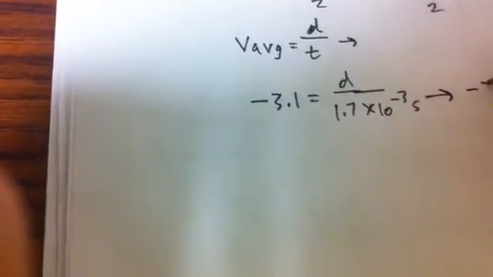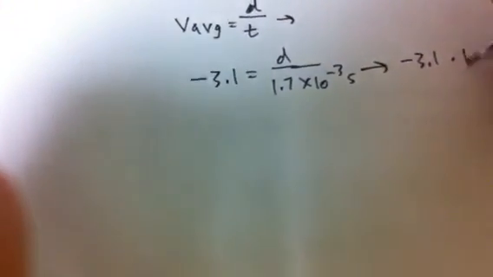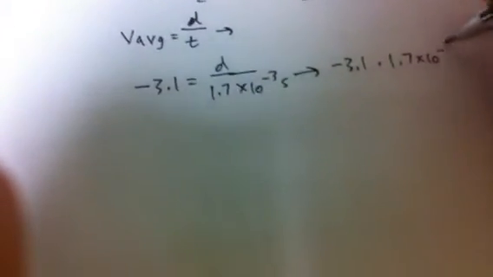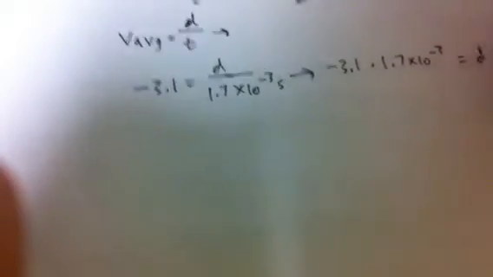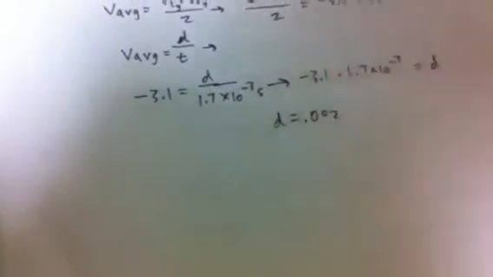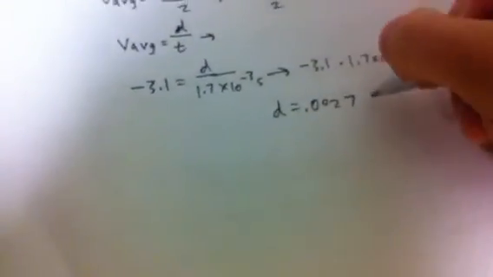We can do negative 3.1 times 1.7 times 10 to the negative 3rd equals d. And this gives a d value of 0.0027 meters, which is the amount the ball is crushed.